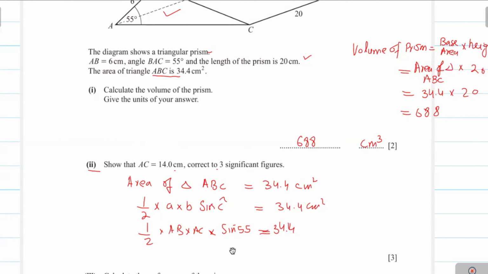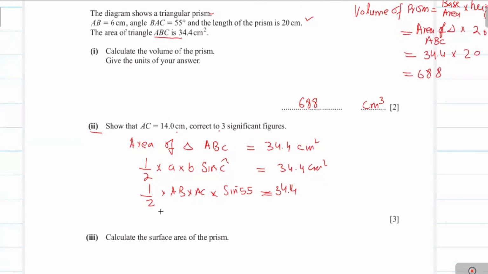Now we can write it as 1 over 2 multiplied by AB, which is 6, multiplied by AC into sine of 55 degrees, equal to 34.4 centimeters squared. Now we can write it as 2 times 3 is 6.